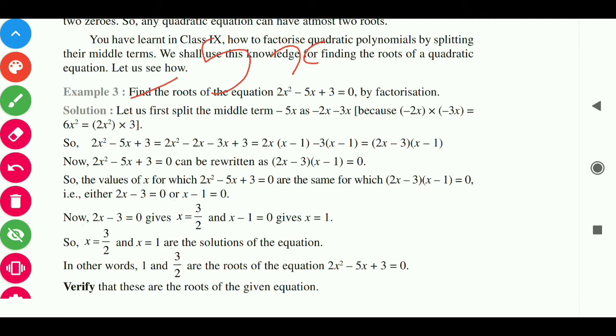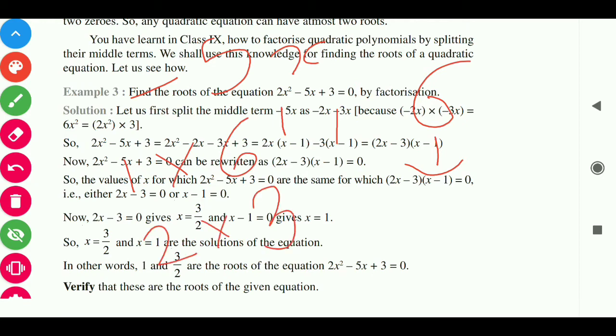The basic method to split the middle term is to consider the coefficient of x square and the constant term and multiply them, so we get 6. Now considering the factors of 6, we have 1 into 6 is 6 and 2 into 3 is 6.